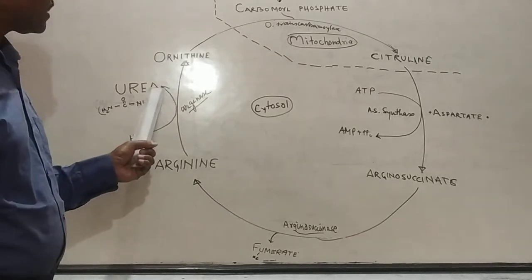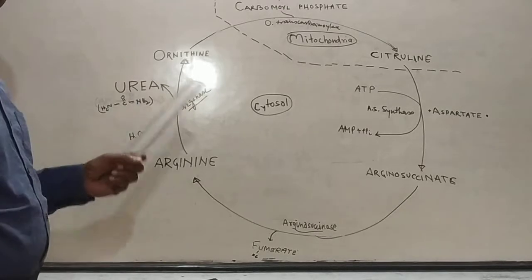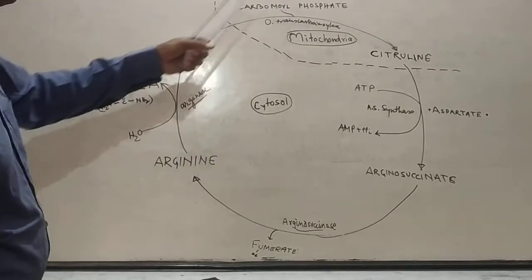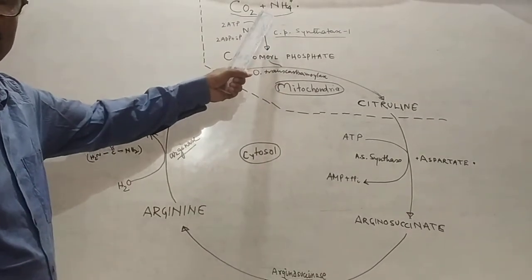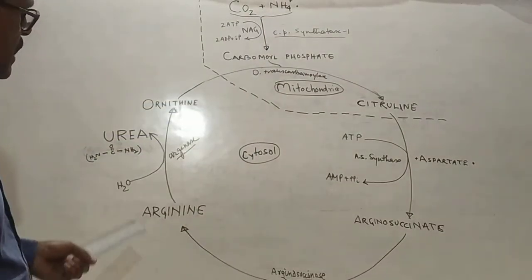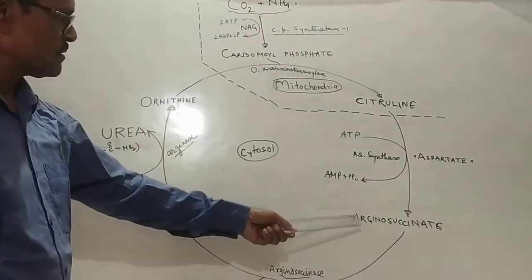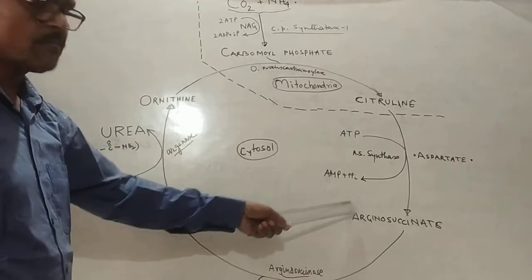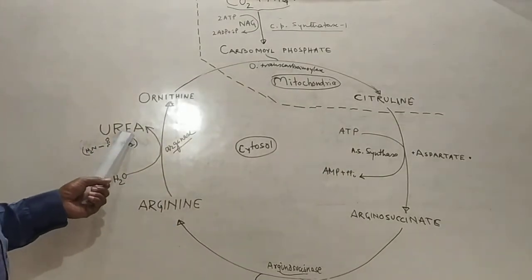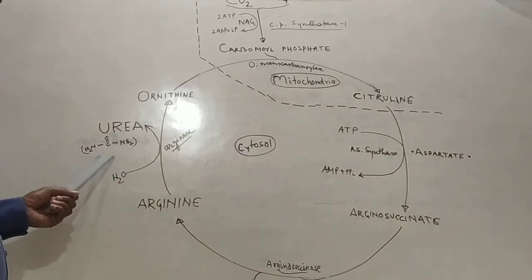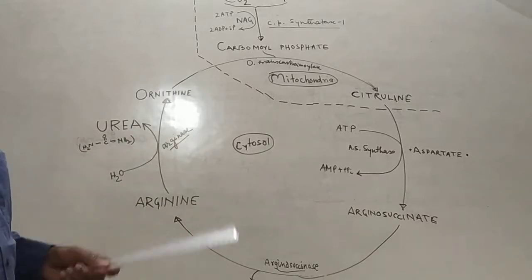Actually, urea contains two amino groups, one coming from the amino group of the amino acid, and the other amino group comes from this compound argininosuccinate. So here you see that I have written the formula NH2 CO NH2, two amino groups are there.